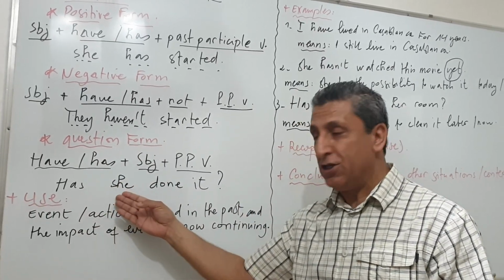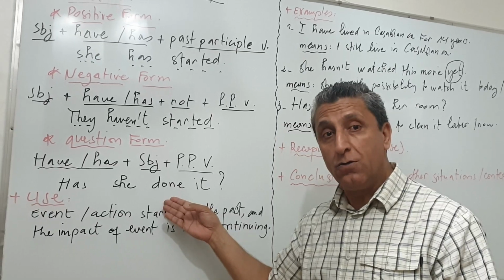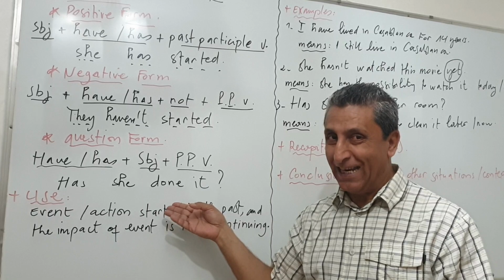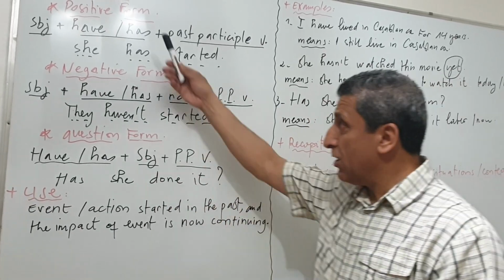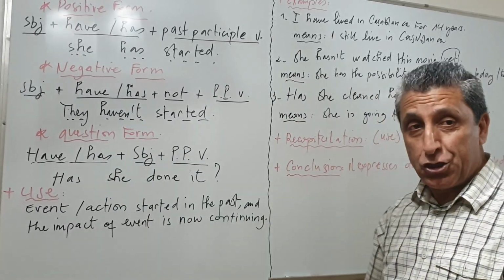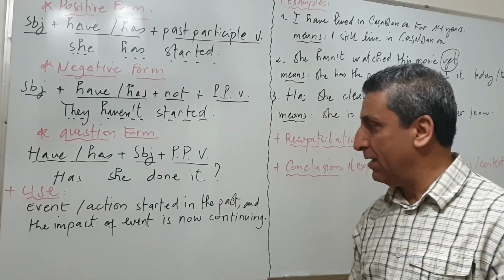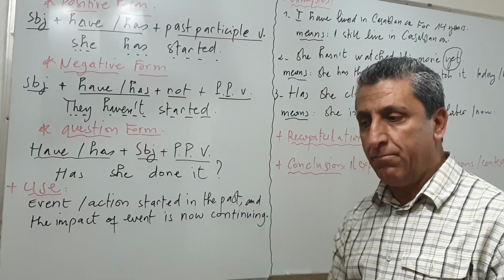Verb, subject, past participle of the verb do. So do is an irregular verb, and the past participle is done. Okay? So this is for the structure of the present perfect simple. Now, what about the use?